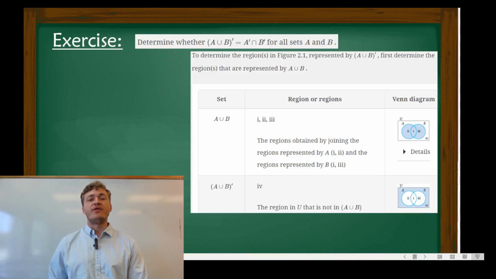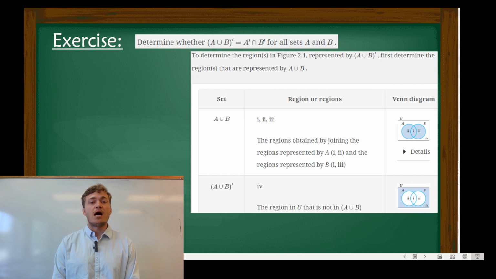We will start with the left side expression. Note that we want to find the complement of A union B. So it suffices to say our first step is to consider what is A union B. Well, it's all the regions 1, 2, and 3, right? We would shade in both circles A and B to represent the union A union B. Therefore, what is the complement of the shaded region? Well, it's the unshaded region.